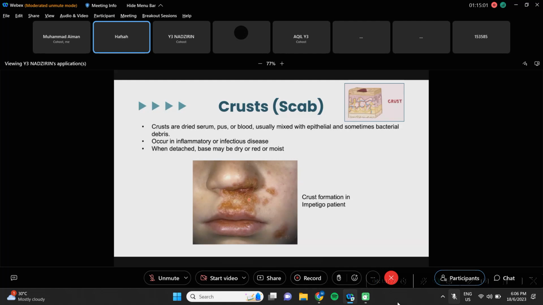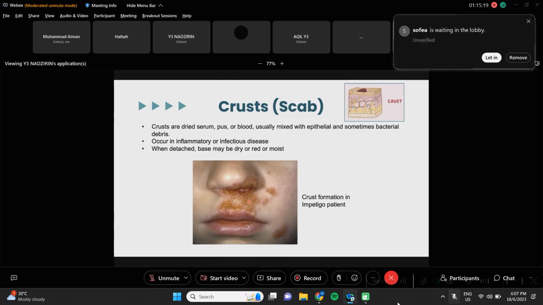Can you see the honey color? It looks like honey color, isn't it? It's not just yellowish, it's actually the color of honey. It's typical of impetigo. Just sharing with you that if you mention honey-colored crusting, it's actually typical of impetigo. Okay, next.